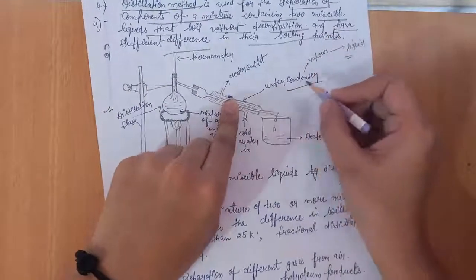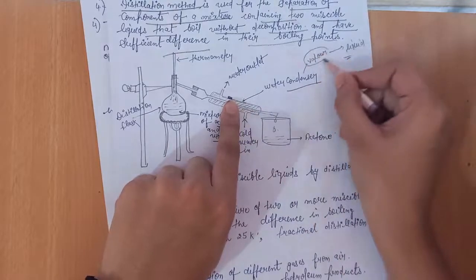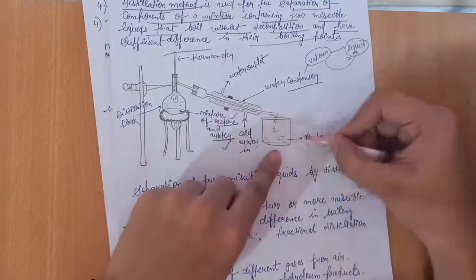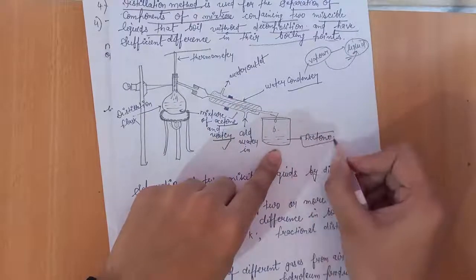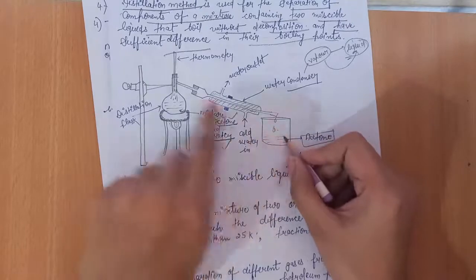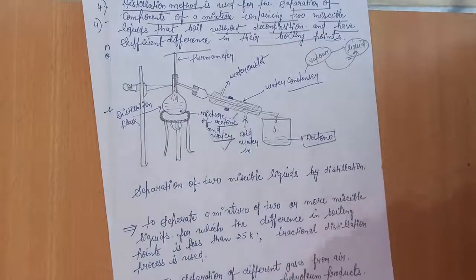As these acetone vapors come into the water condenser, they get converted into liquid phase, and drop by drop get collected into this beaker. So acetone and water get separated from each other by the distillation method on the basis of their boiling points.